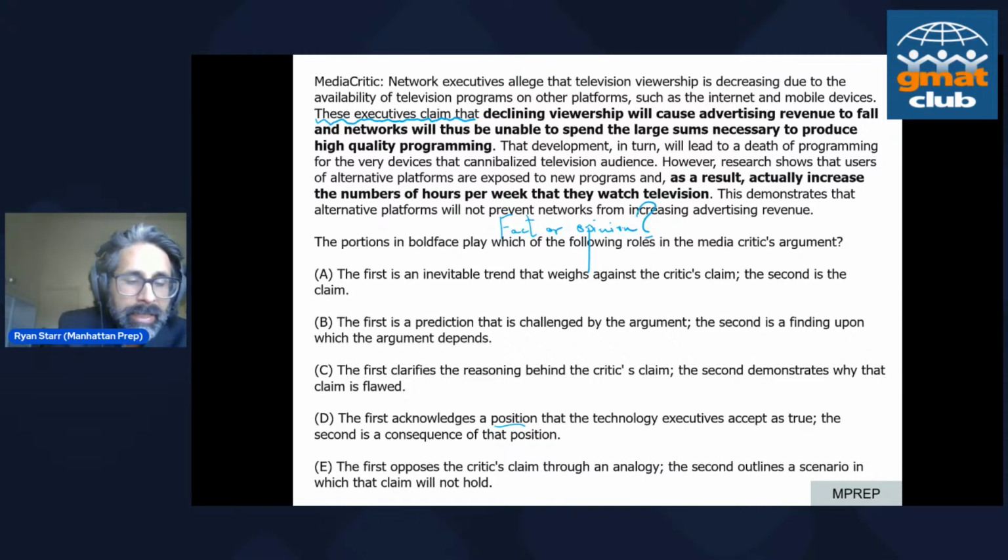The other lens to analyze them through, if you're going straight for the boldface portions, is, are they on the author's side, which in this case would be media critic's side, against the author, or neutral?